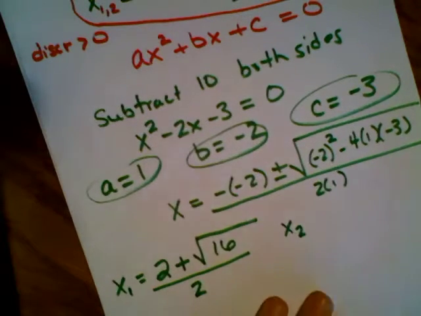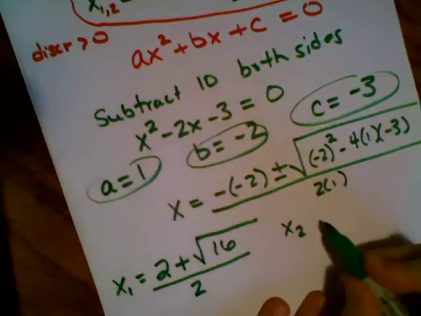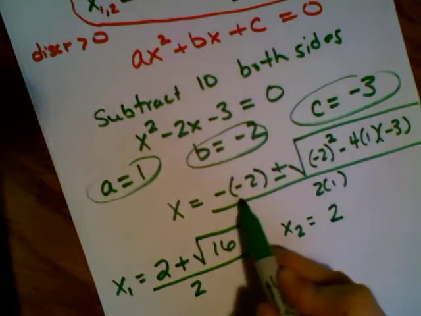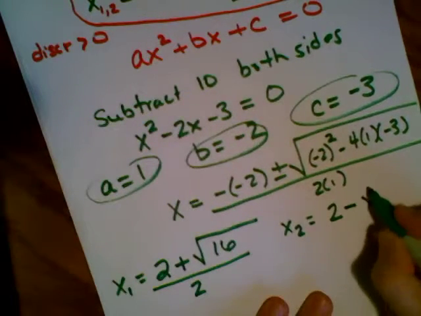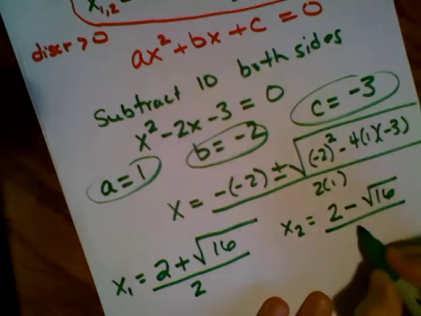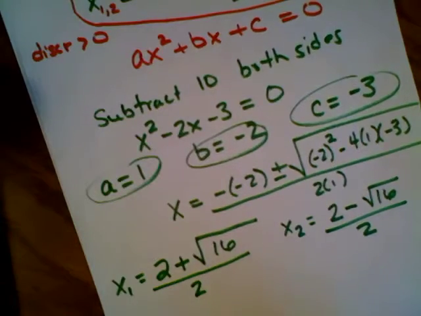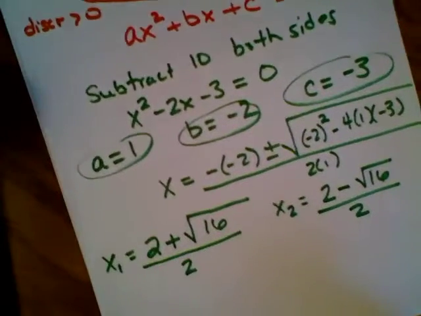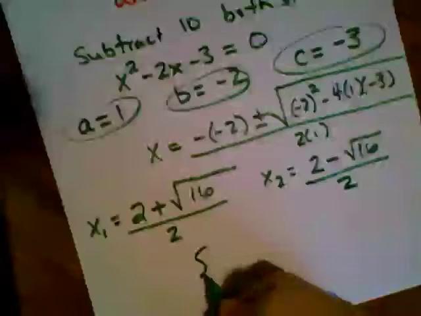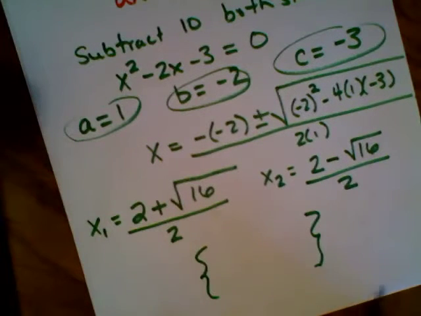And for our second solution, we still have the opposite of -2, but now we're going to subtract the square root of the discriminant, all over 2. Okay. And we get the same solution set. Again, you might want to pause and see that you're a believer before I check it.